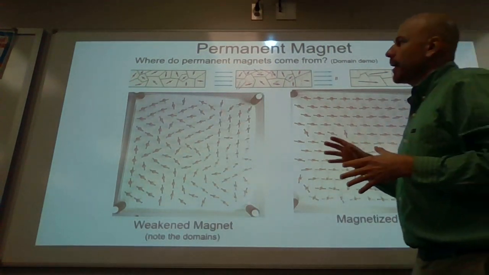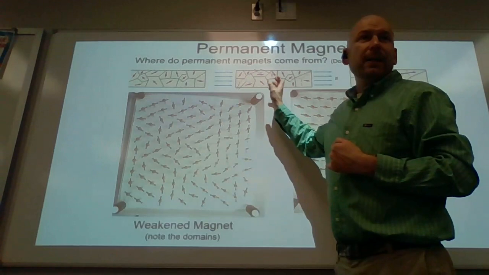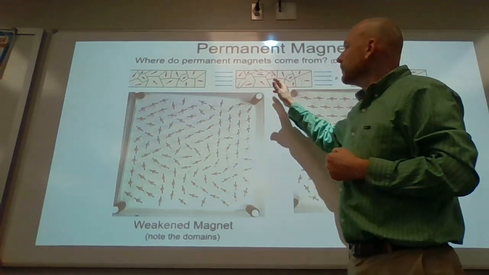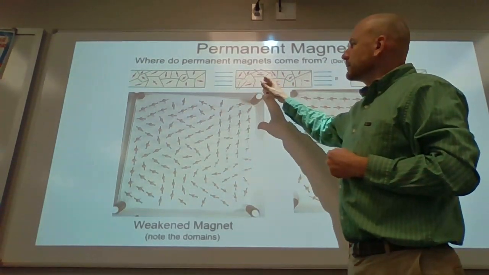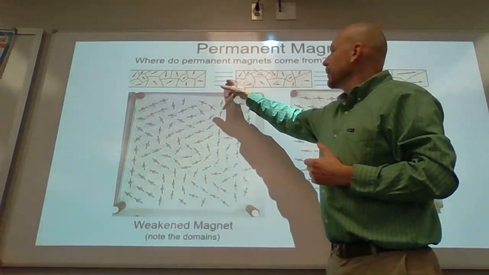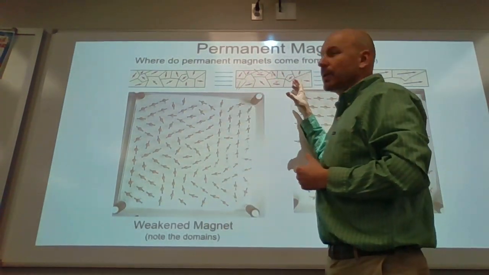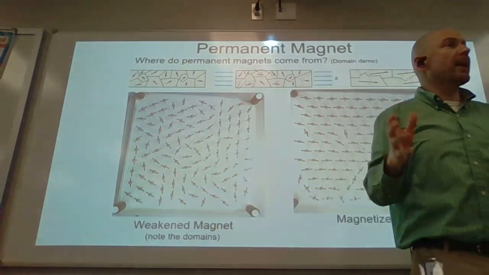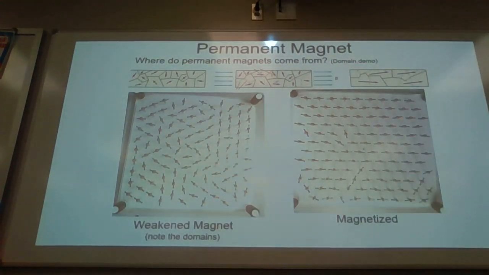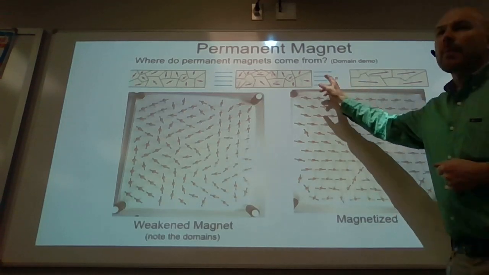But if you take that piece of iron and you stick it in an external magnetic field, some of those crystals, the ones that are going in the same direction, get strengthened. Those that are going in the opposite direction get weakened. Some of them actually switch, like rotate into the direction of the magnetic field.